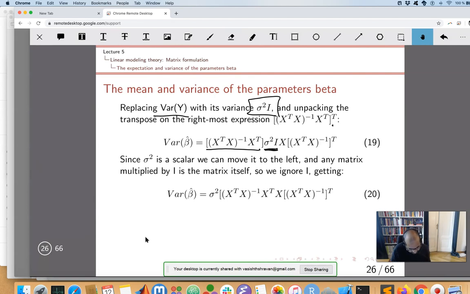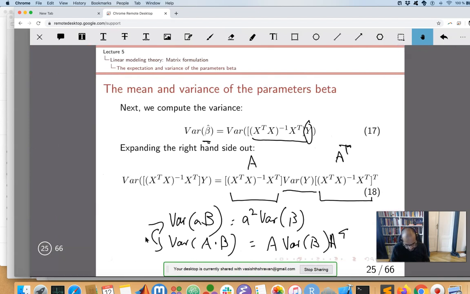I might have made a mistake in the bracketing here. So there's a bracketing error here, it seems. Let me see, what have I done wrong?